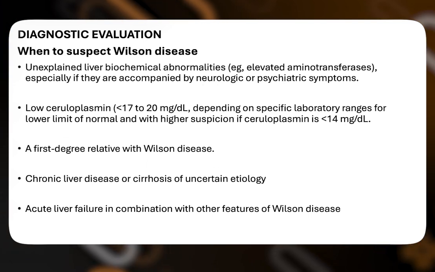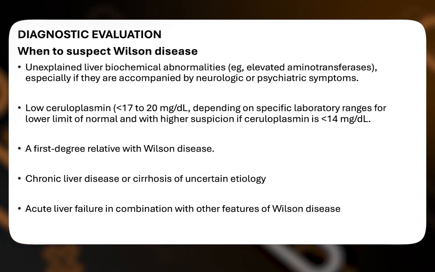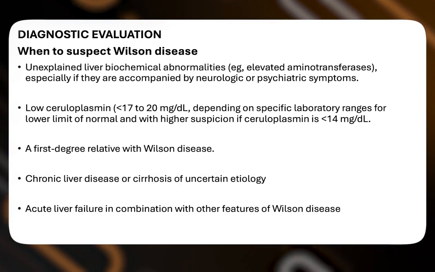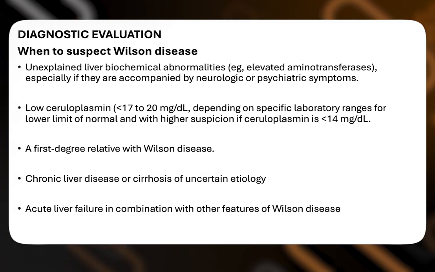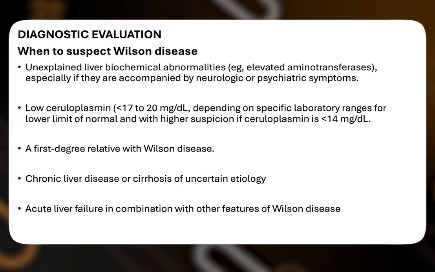Once you have come across this, how do you make a diagnosis of Wilson's? You need to have a high index of suspicion. Of course, when there is a family history, it's easy to screen and look for a diagnosis.